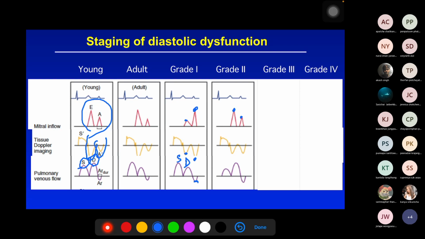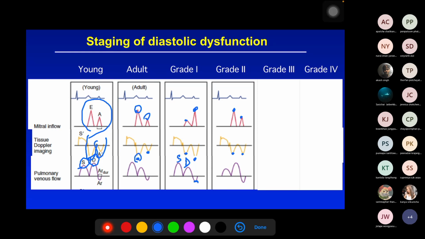The other thing you can look at for differentiation is the tissue Doppler.